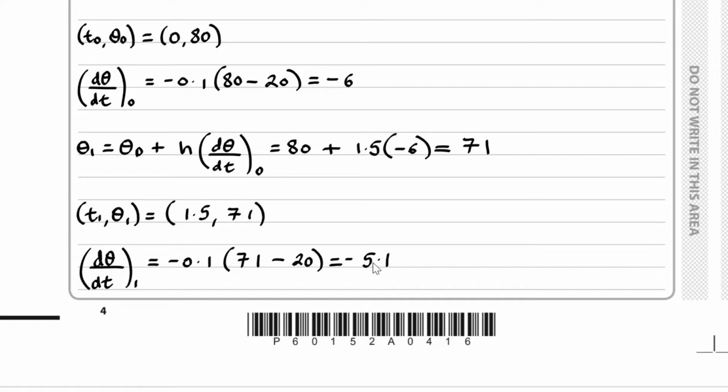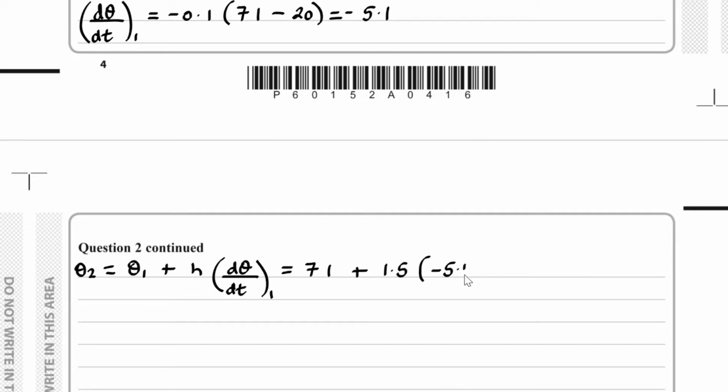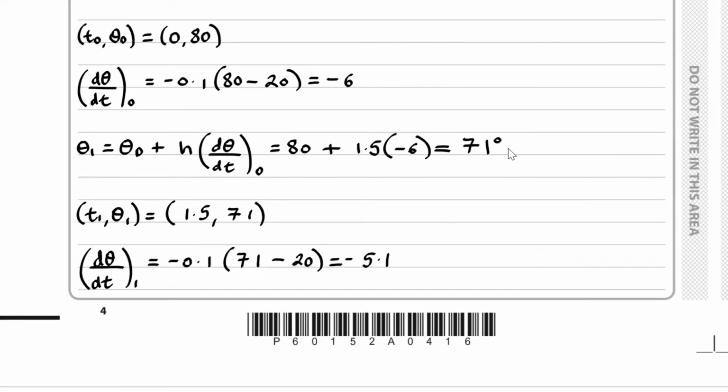Okay, and now we can find out the value of theta 2. Theta 2 is equal to theta 1 plus h lots of d theta over dt 1. So we have 71 plus 1.5 lots of minus 5.1, which is 63.35 degrees C. Okay, so don't forget to add your units.